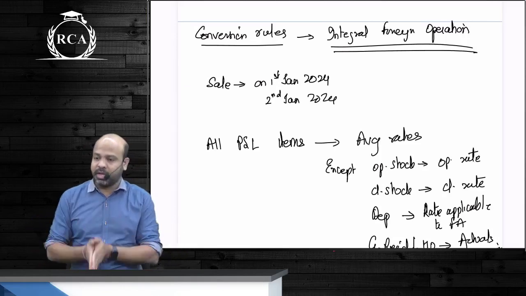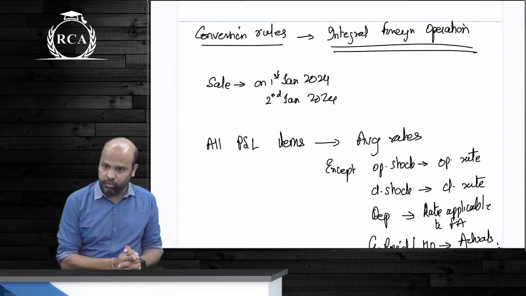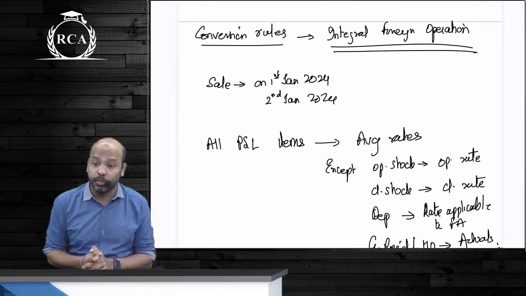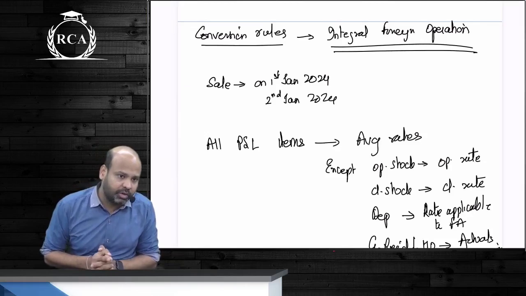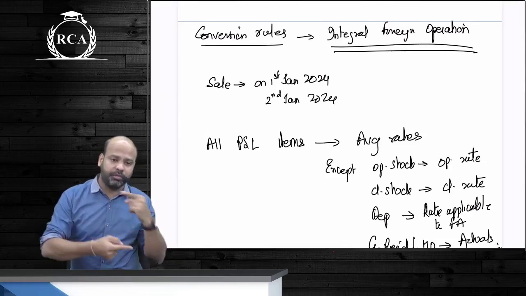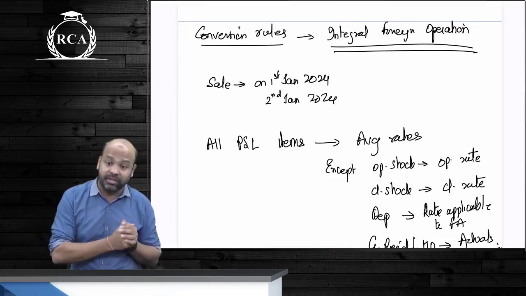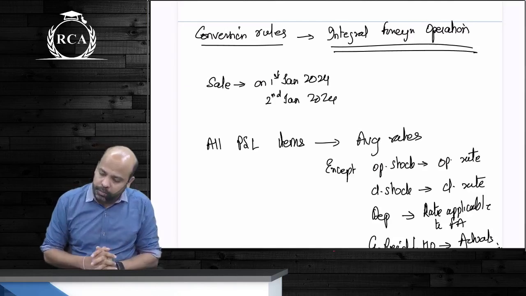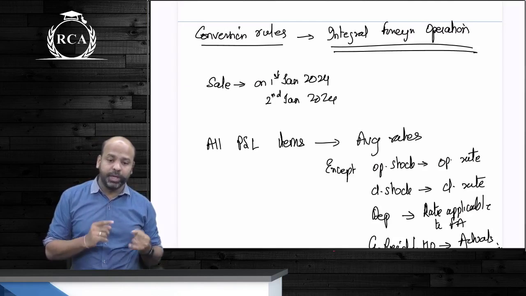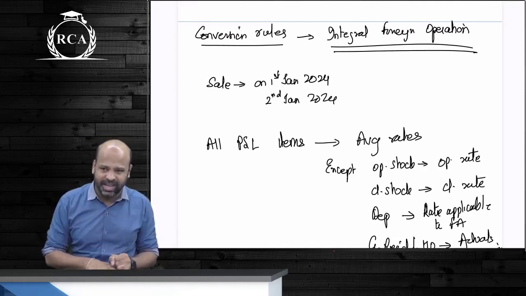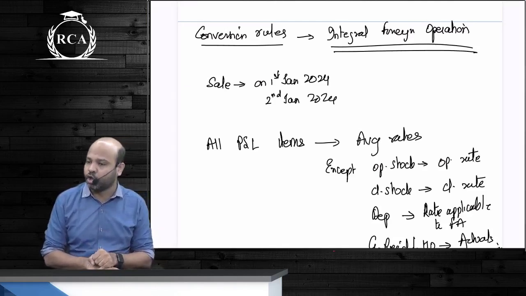So this is where, beta, we have learned how to convert a foreign currency trial balance into home currency. All your profit and loss account items, because it is not possible for you to convert at 365 different rates, are converted at the average rate. Except opening stock, which will be converted at the opening rate, and closing stock, which will be converted at the closing rate.